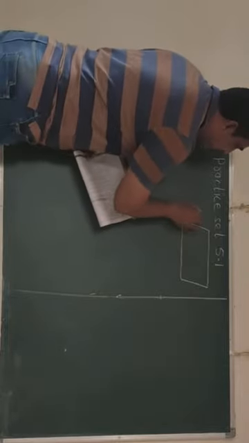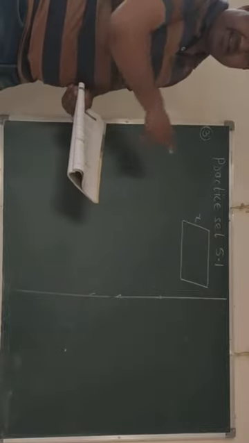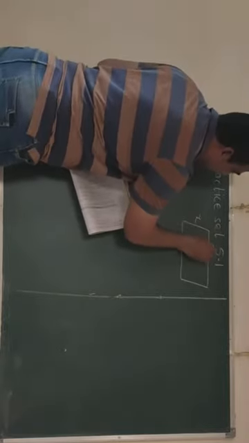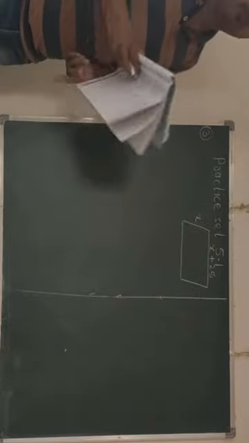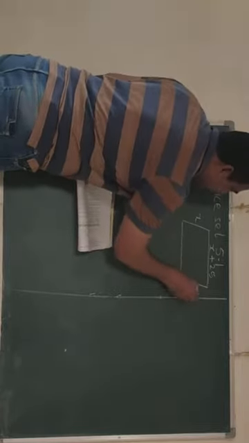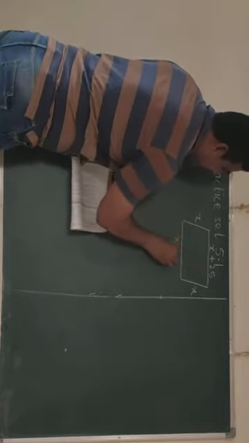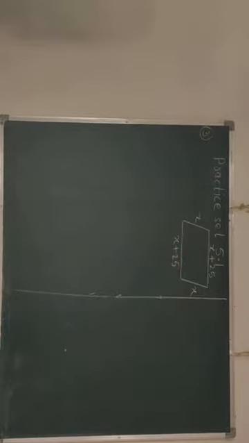So, if I consider this side as x, what about this side? Greater by 25 centimeter is x plus 25. And as it is a parallelogram, opposite sides of a parallelogram are equal. So, that is x, that is also x, and that is x plus 25.